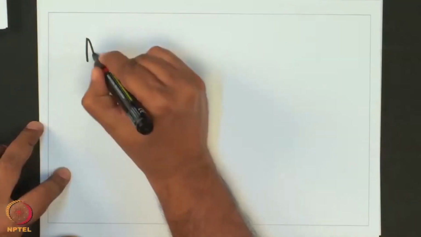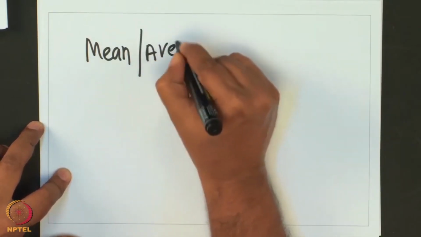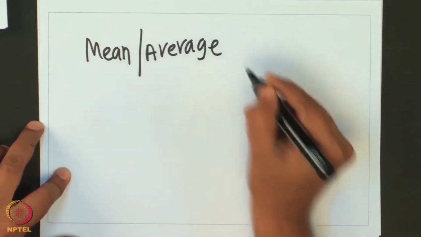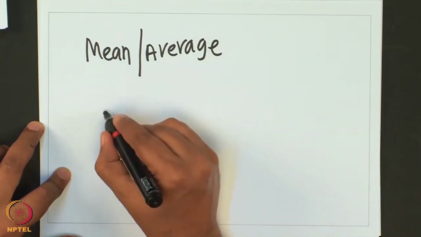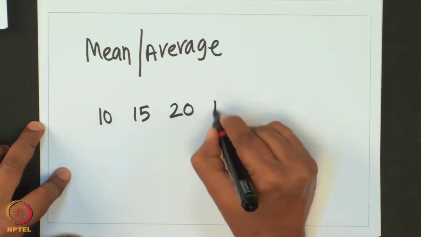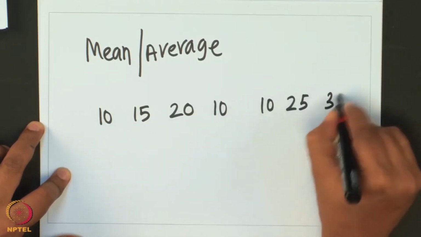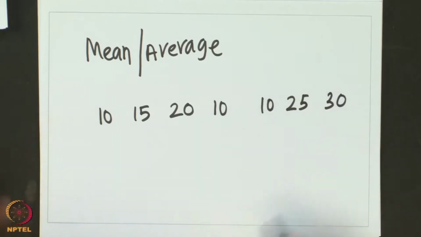You have heard of the mean or average. What is this? We have many numbers: 10, 15, 20, 10, 10, 25, 30. This is some measurement that we took in some experiment.